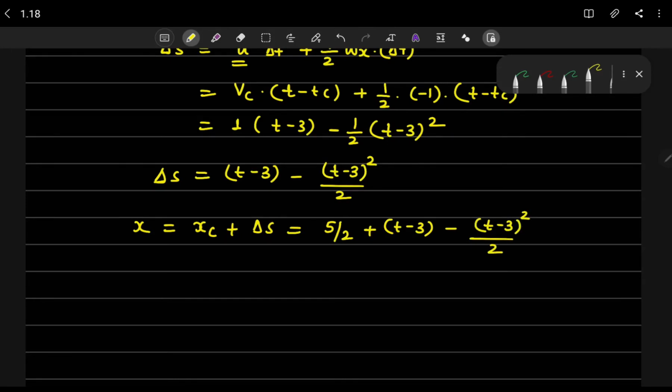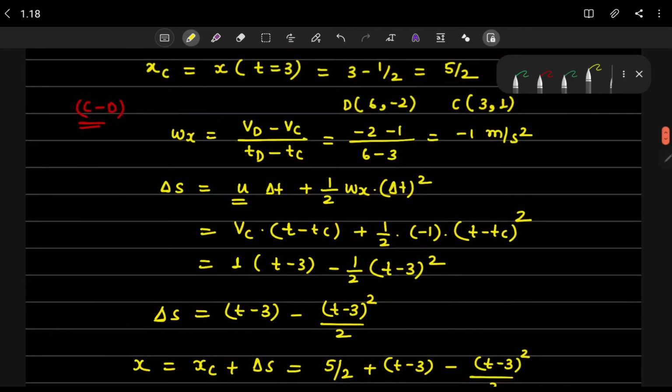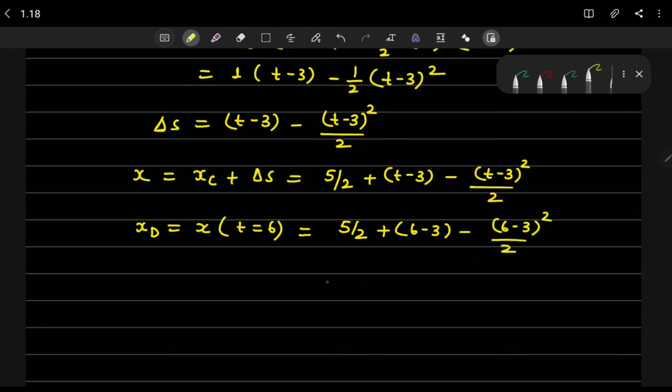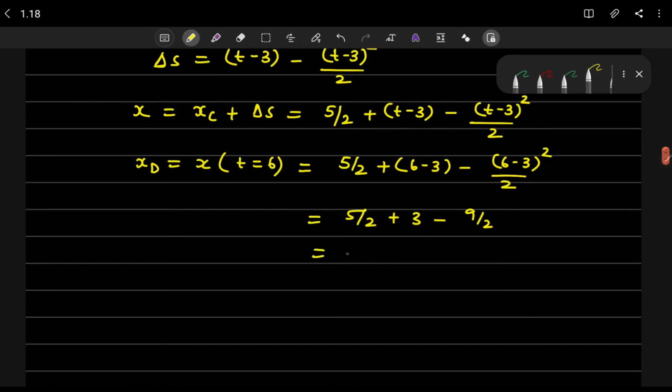This is the position at any point between C and D. Now the position at point D, that is x at t equal to 6 seconds, we can write as 5 by 2 plus 6 minus 3 minus 6 minus 3 whole square by 2. From here we get 5 by 2 plus 3 minus 9 by 2, so we get 1 meter.